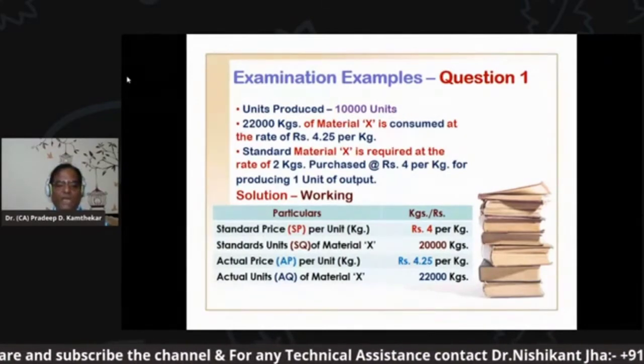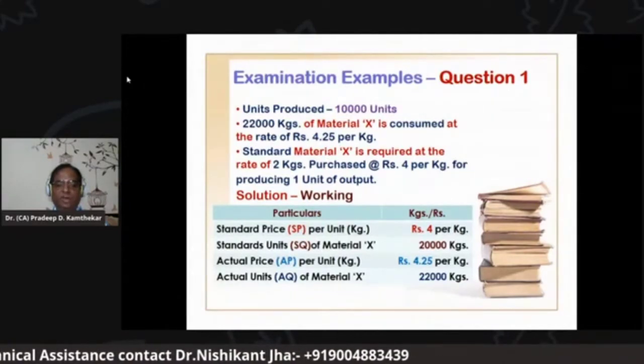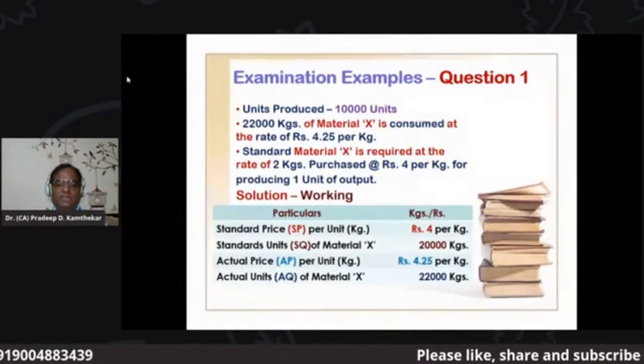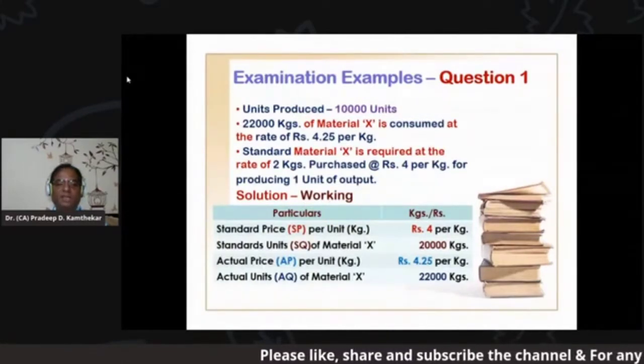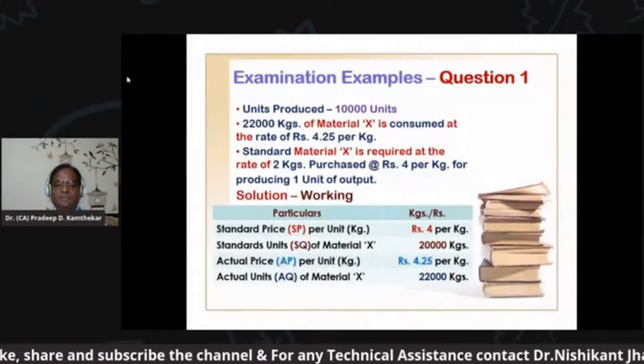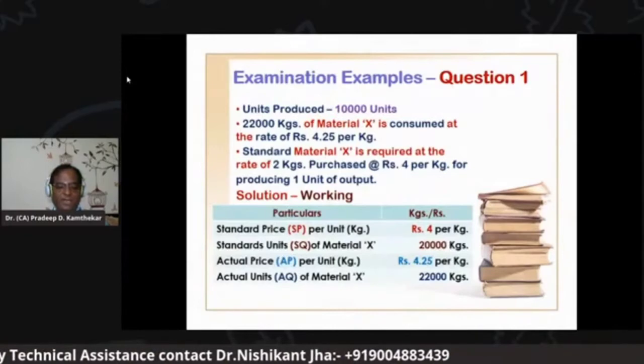So for 1 unit of output, if 2 kilograms are required, then for 10,000 units, 2 into 10,000, 20,000 kilograms of material should have been used. So you see below the actual quantities, standard quantity is 20,000. How it is calculated, again I repeat.